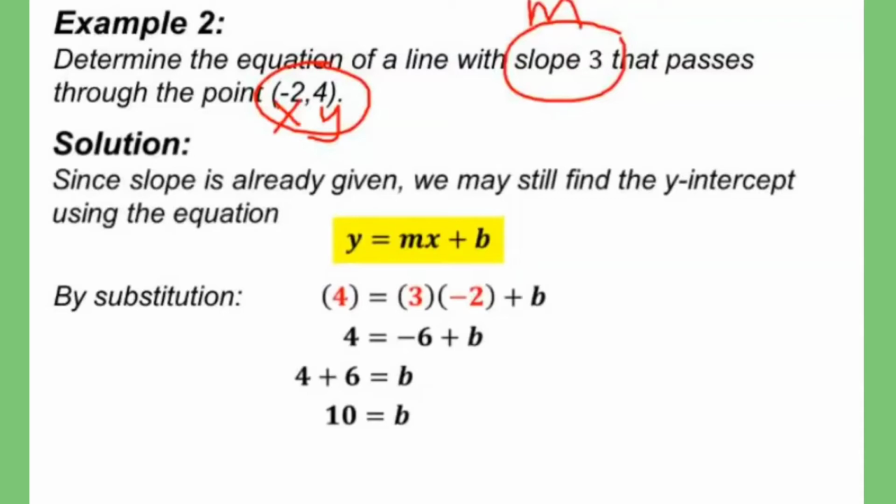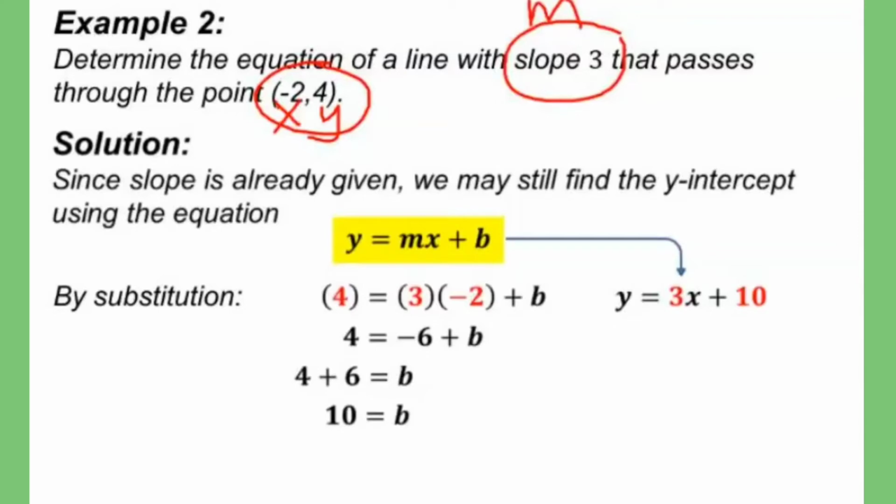After determining the y-intercept, which is equal to 10, we go back with our equation y is equal to mx plus b. We substitute the value of our slope, which is 3, and the value of our y-intercept, which is positive 10. Therefore, we have y is equal to 3x plus 10.